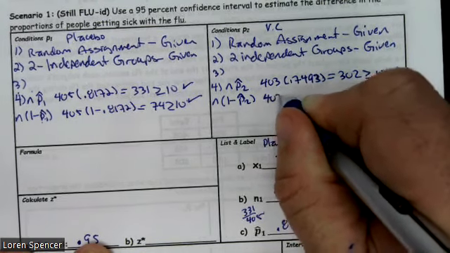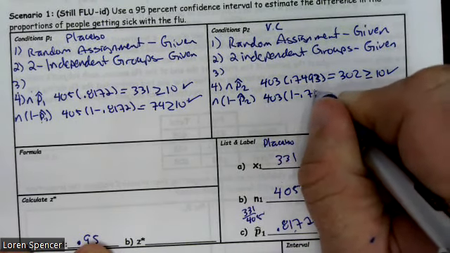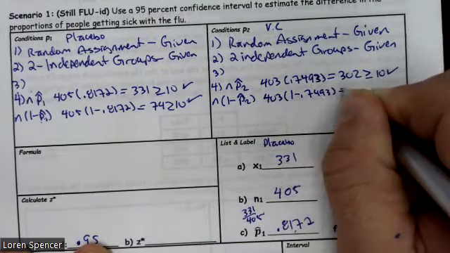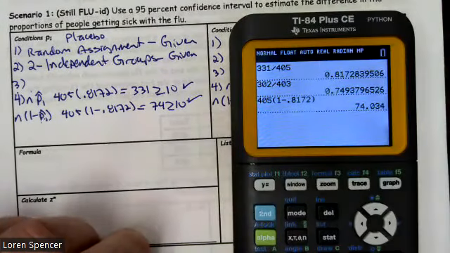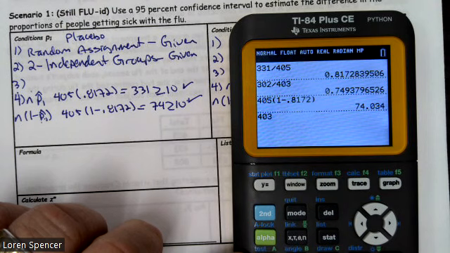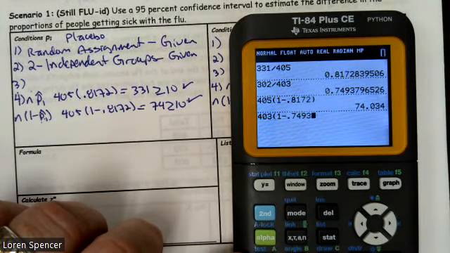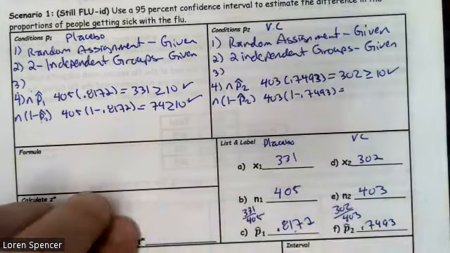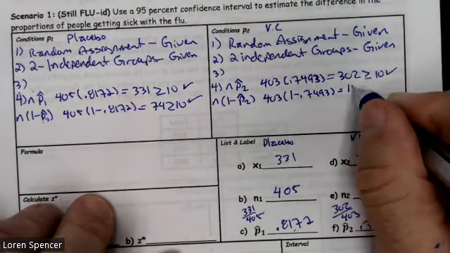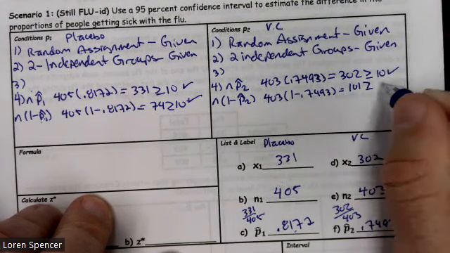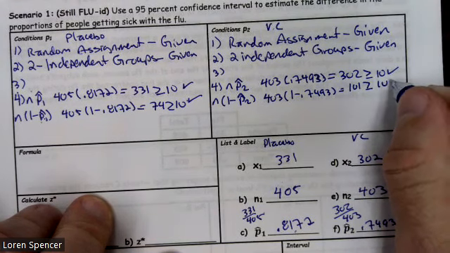And this is 403 times 1 minus 0.7493, and we get 101. That makes sense because those add up to 403. And that's greater than 10.